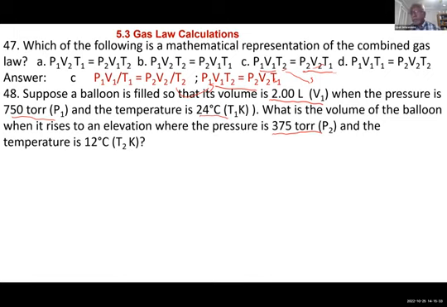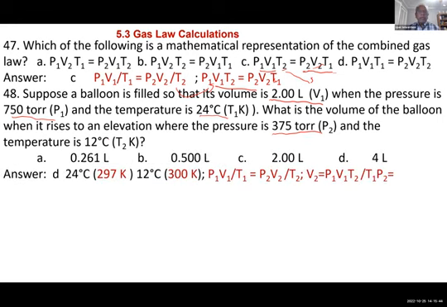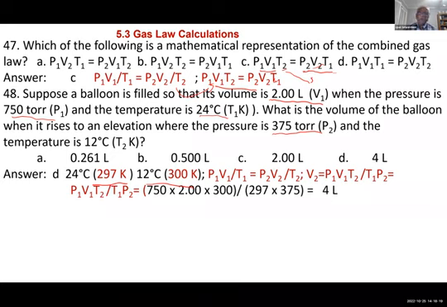You guys okay? All right. So first you convert Celsius to Kelvin right here. T1 converted to Kelvin. So I did that and plugged in the values. I get the 4 liters.